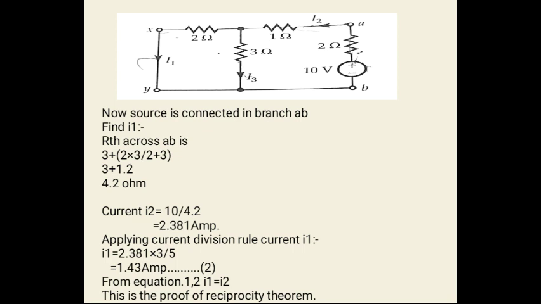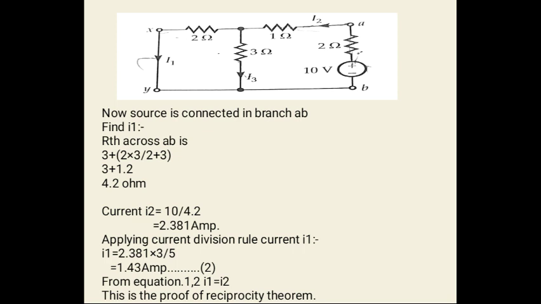The value of RTH will be 3 plus 2 parallel 3. So its value is 3 plus 1.2 ohm, that is 4.2 ohm. So the current delivered by the source is 10 upon 4.2, that is 2.381 ampere.